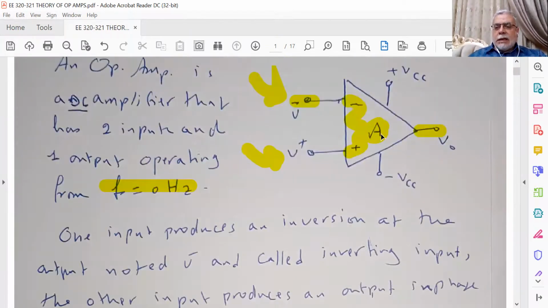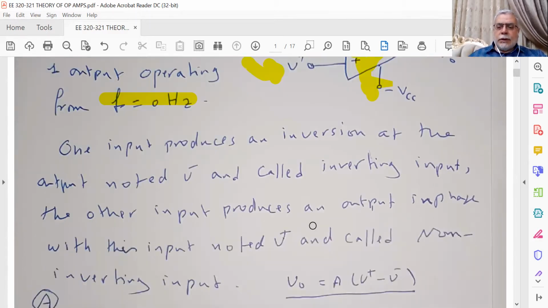RO is the resistance that is connected between the equivalent dependent source controlled by the input and the output. هاي الريزيستنس اللي هون اللي هي RO. هذه RO for an ideal operational amplifier equals zero.